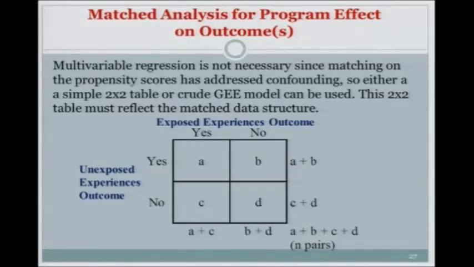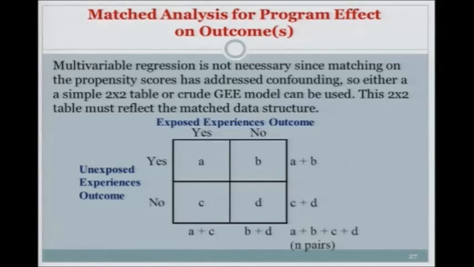So here the setup of the 2x2 table is a little bit different though. To appropriately calculate the standard error, your 2x2 table is not exposed cases, exposed controls, or exposed with the outcome, exposed without the outcome, like we normally think about. This is a matched 2x2 table, where these are the number of matched pairs in each cell.